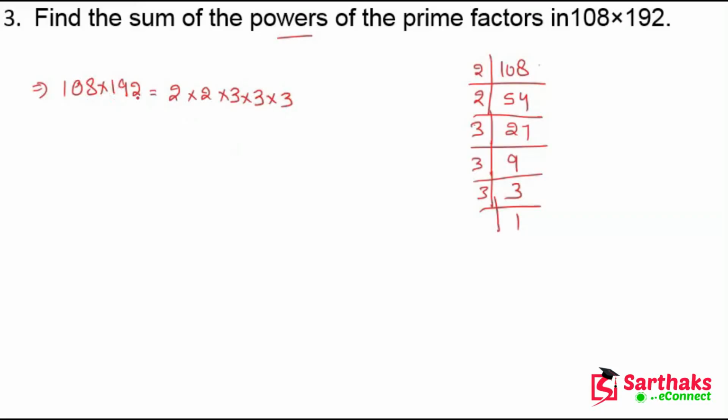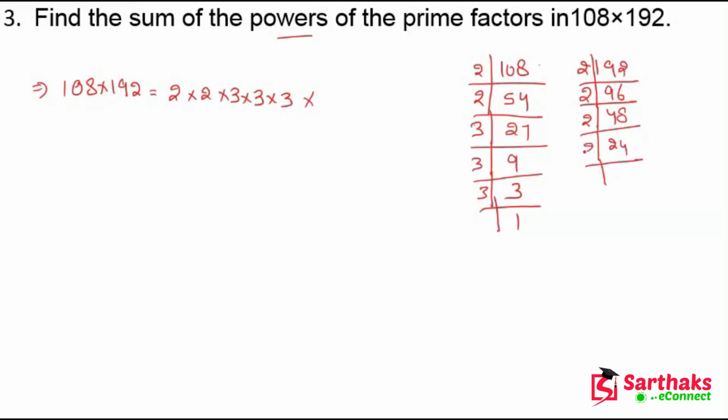Okay, and now we have to find for 192. If we divide it by 2, this will become 96. And if we divide it by 2, here we get 48. Again, if we divide it by 2, we get 24.